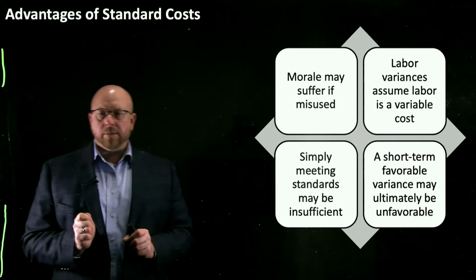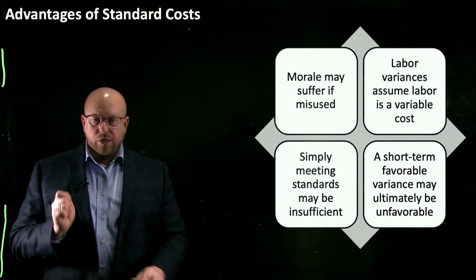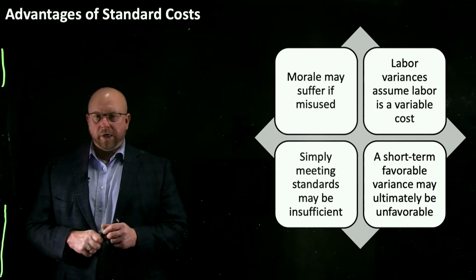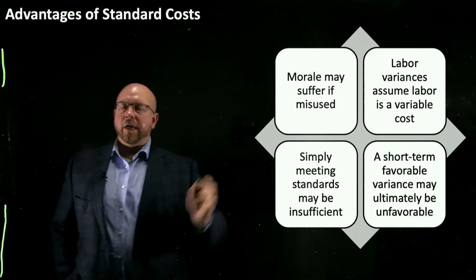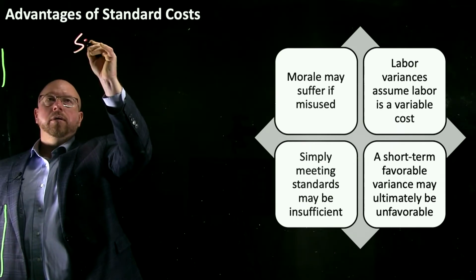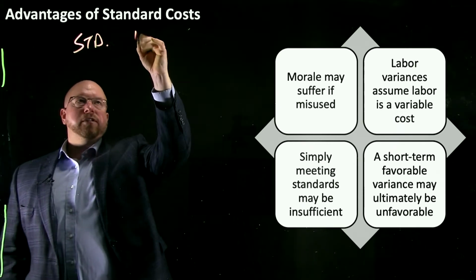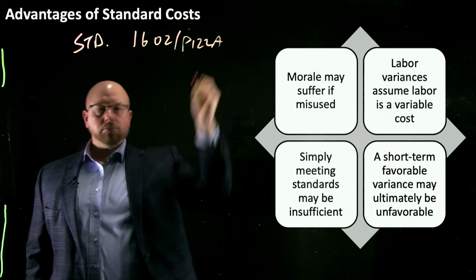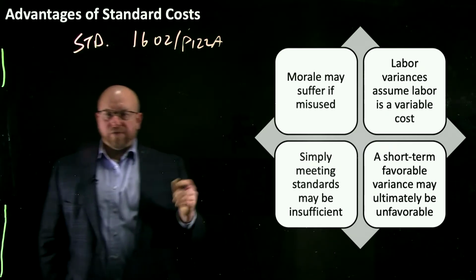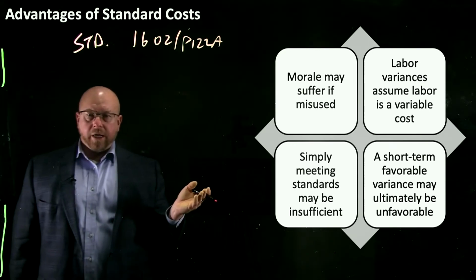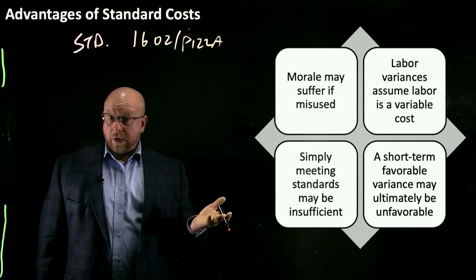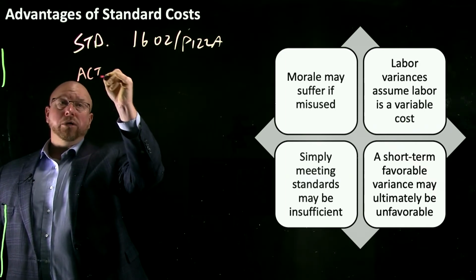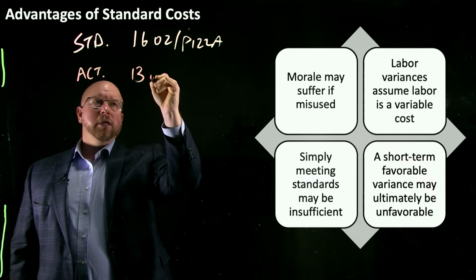Sometimes a short-term favorable variance could be bad in the long run. Let me explain what I'm thinking about here. Remember the pizza. Now, if the standard is for the pizza to have 16 ounces of cheese per pizza, and if I own the pizza restaurant and I'm looking to enhance our profits by trimming expenses, what I could do is tell our pizza cooks, guess what?